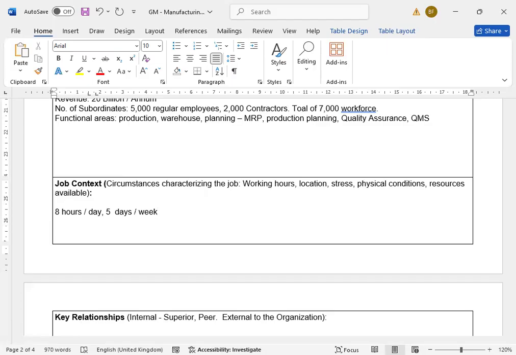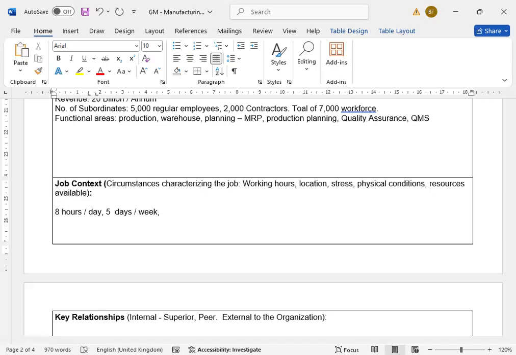Five days per week, with two days of rest on the weekends, Saturday and Sunday. Usually this is a perk, a benefit, that is always given to the senior positions. So do not give senior managers like a GM six days or seven days of work.